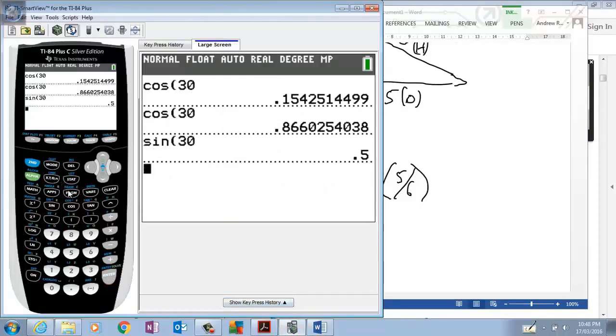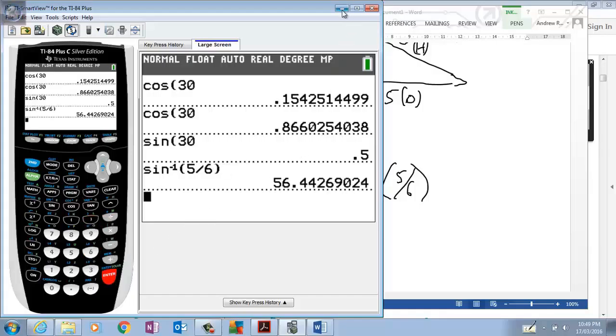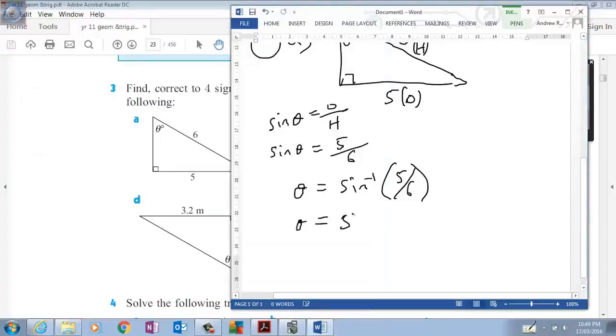You'll do shift sine, the sine button's there, you've got to press the blue key, second sine. That does shift sine, and then you want to put in 5 over 6, or 5 divided by 6, close bracket, enter, and so it's 56.4 degrees. So 56.4 degrees. That's how you find the unknown angle.